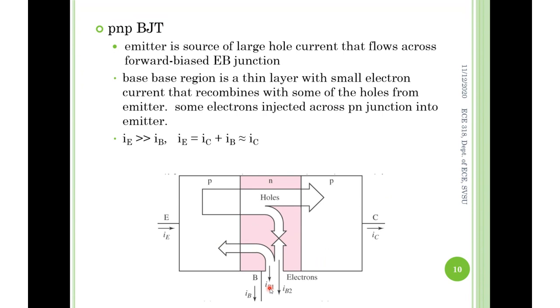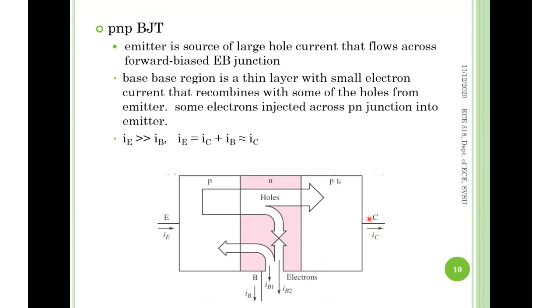And a quite significant thing is that the current direction is flipped. The emitter current is flowing into the transistor, and collector current is leaving the transistor. How about the base current? Leaving the transistor as well.